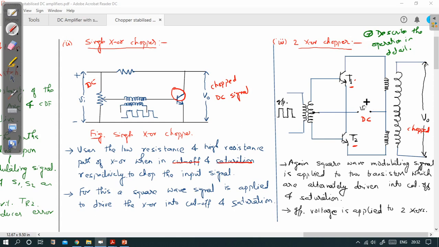Describe in detail what happens, which transistor is going to saturation or cutoff, and how the signal appears at the primary and at the secondary. Try to make it with the help of some signal representations at the input side and at the output side, and go into some more depth and detail, and then you will understand the operation completely.